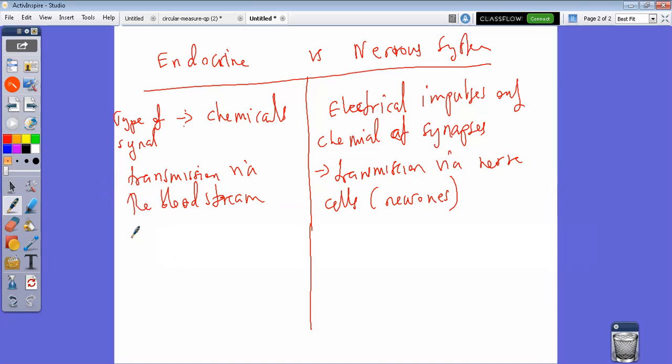Then in terms of target or effectors, the ones that are responsible for bringing the change. So the effectors, what can you say about this? The effectors are the target cells in particular tissues.